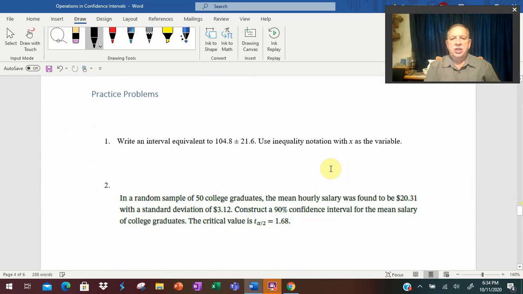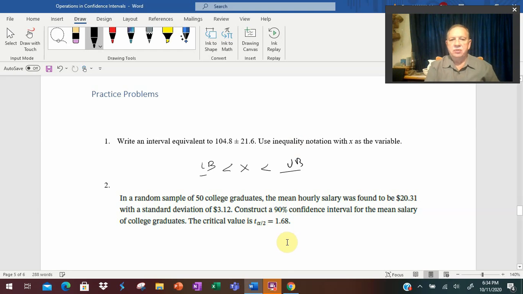So here is just getting you started. Write an interval. You know, naturally you're going to do the plus or minus, the 1 minus, and then less than x. And it says here, we're not saying whether this is the mean or something else, certainly not the proportion, but it could be some other thing. And it's just saying, write this as something less than x less than something. So the lower bound and then the upper bound is what that's for.